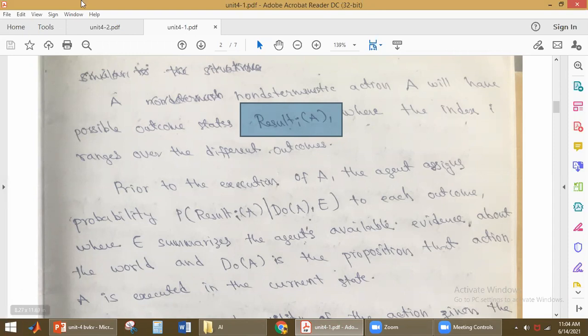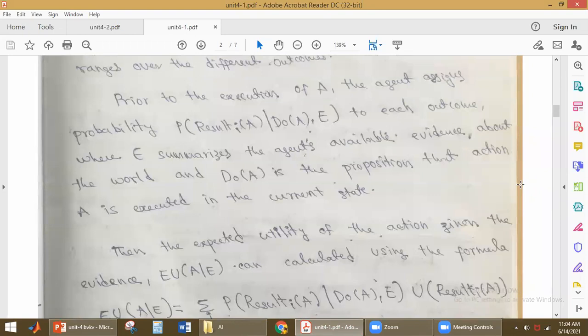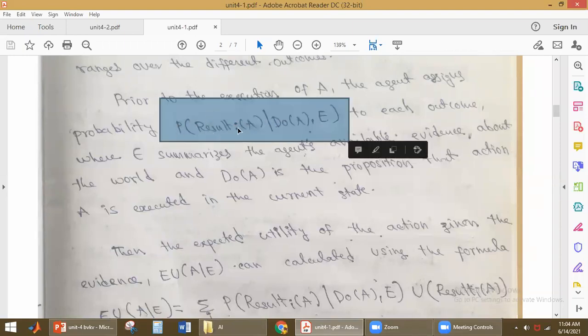Now before executing A, the agent has to calculate and assign the probability for the outcome of every state. So the probability of result I of A, given that the action is performed and given the evidences. This probability should be assigned to each and every state.